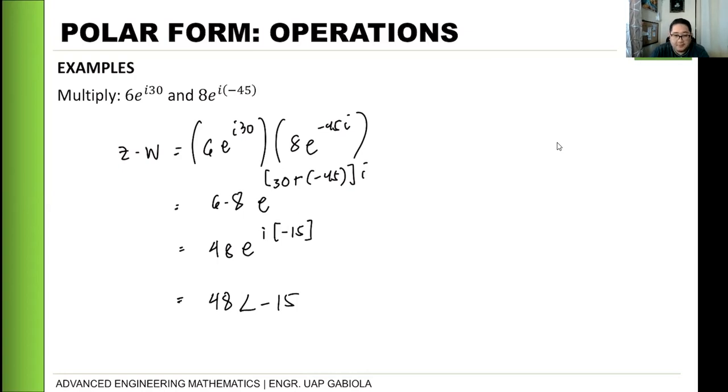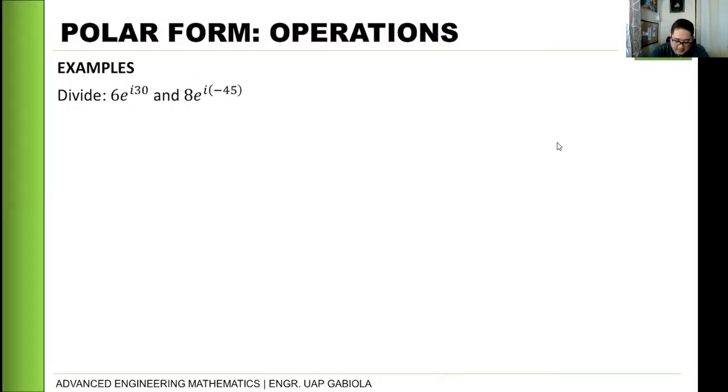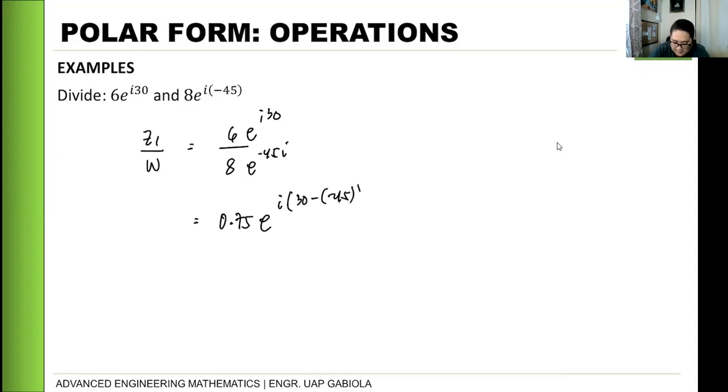Next we have the division. So we have 6e^(30i), the same numbers. We divide z over w. This is equal to 6 over 8, or 6e^(30i) over e^(-45i). So this equals 3/4 or 0.75 e^((30 minus 45)i).